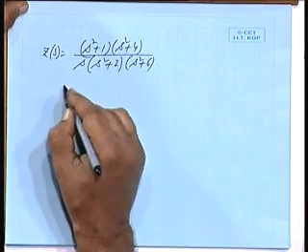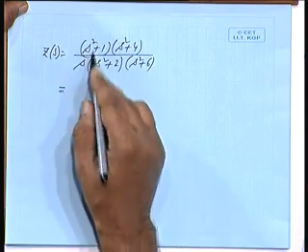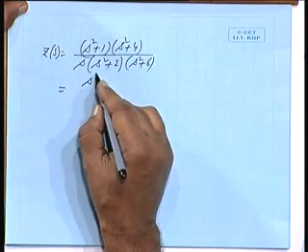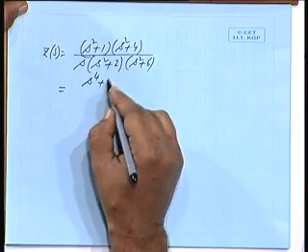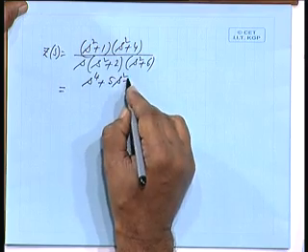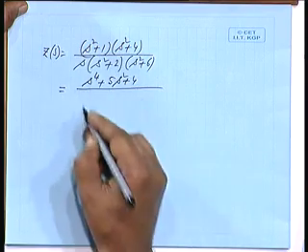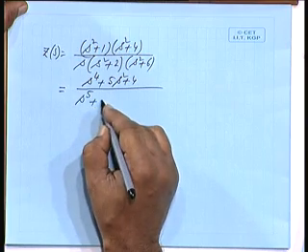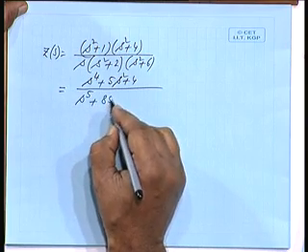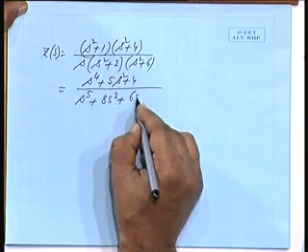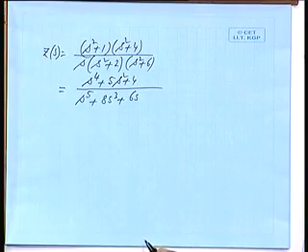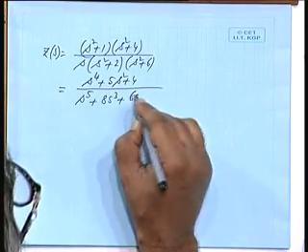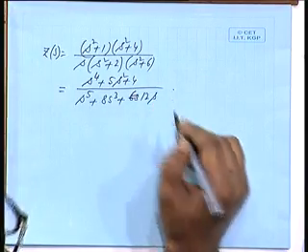Okay. So, how much is the numerator? S to the power 4 plus 5 s squared plus 4 divided by s to the power 5 plus 8 s to the power 3 plus 6 s. Is that okay? Sorry, 12, thank you, 12 s.